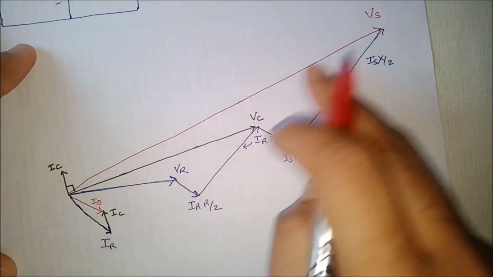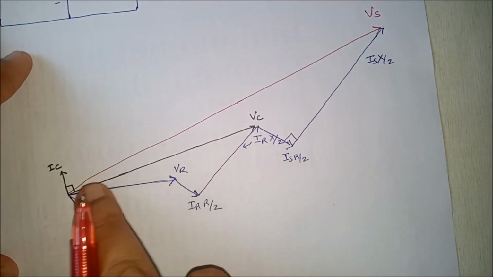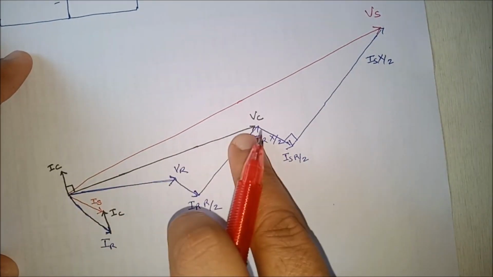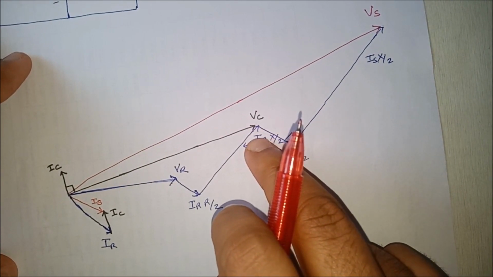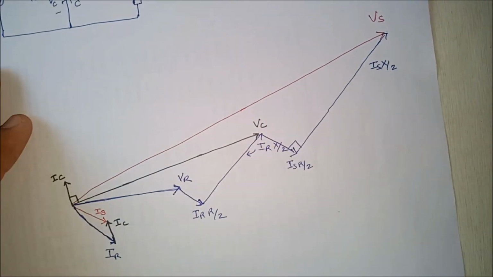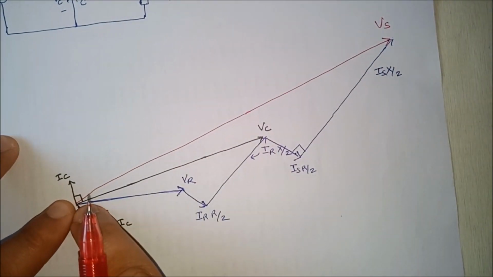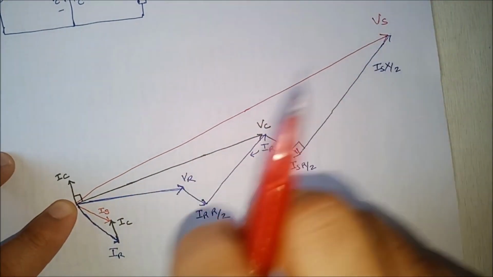That is the way to determine the resultant. If you want to add more than 2-3 phasors, indicate the phasors as the adjacent sides, and the resultant can be obtained from the beginning point to the end of the last point. So that is the resultant VS.